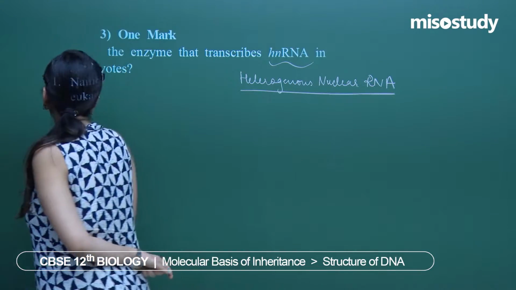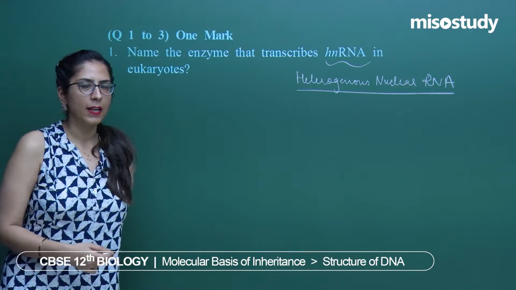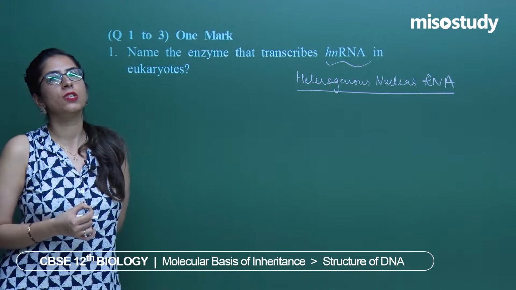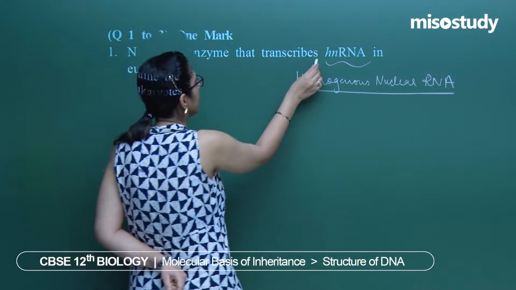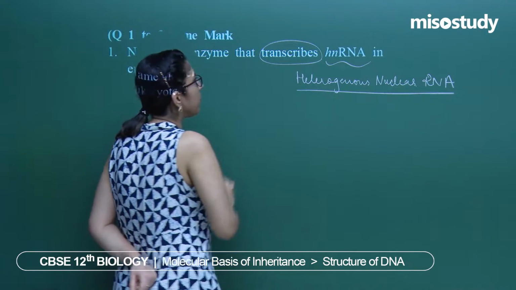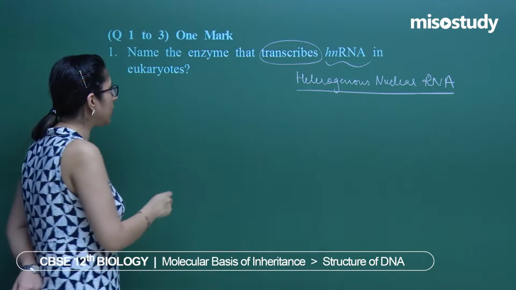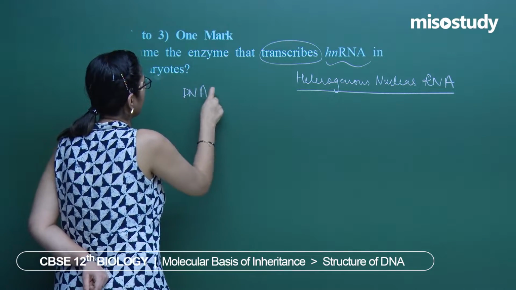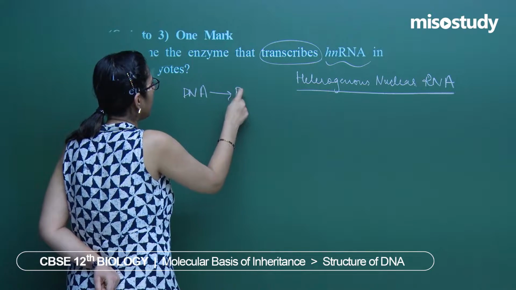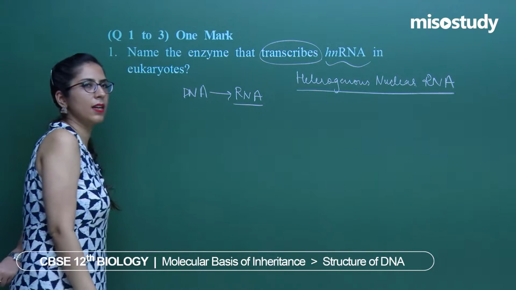Heterogeneous nuclear RNA. Now, they are asking about the enzyme, and here the process which is mentioned is transcription. How? Because they have written transcribes. So that means they are referring to the transcription process. That means what they want is, from a DNA, we have to form a RNA, and that RNA mentioned in the question is hnRNA.